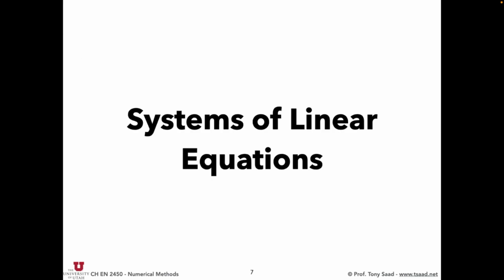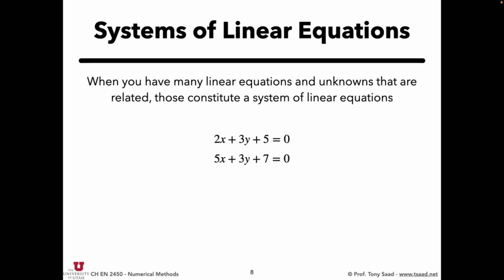Okay. Now, systems of linear equations are just that. You take a collection of linear equations with more than one unknown, so x, y, z, or x1, x2, x3, or t1, t2, t3, up to t15. Each one of those has an equation where those unknowns show up linearly, okay? For example, 2x plus 3y equals 5 and 5x plus 3y equals 7.